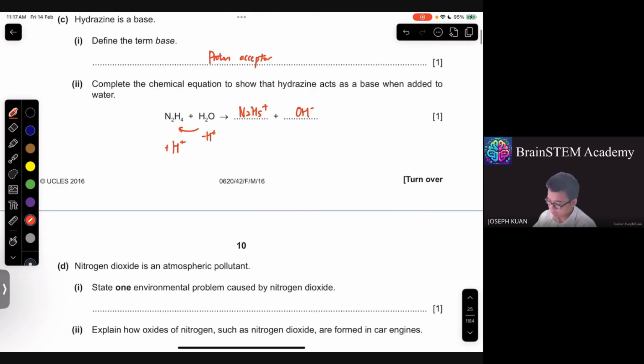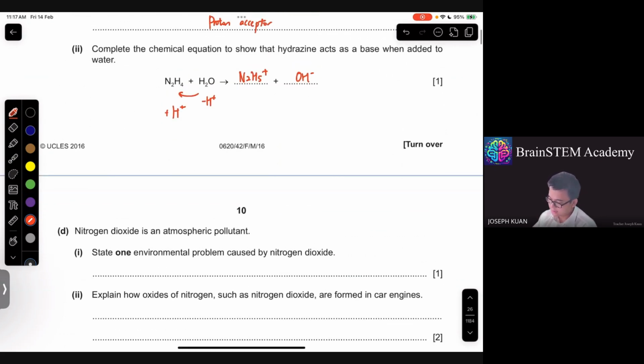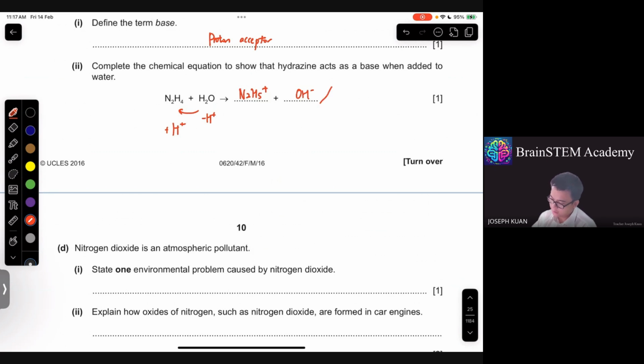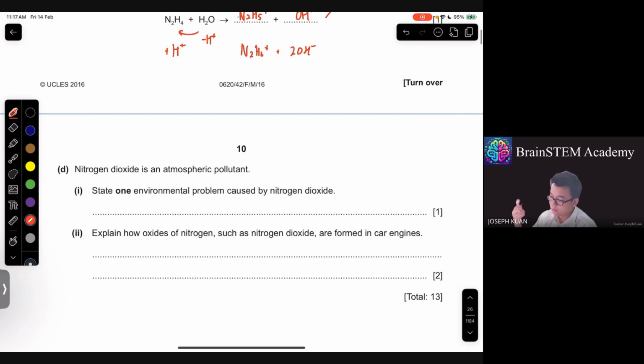All right, moving on. Some students even give double dissociation, N2H6 2 plus and 2OH minus, which can be accepted as well.